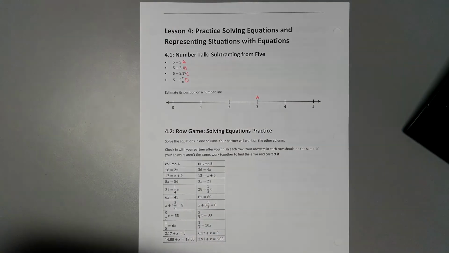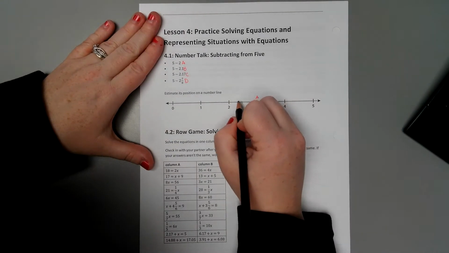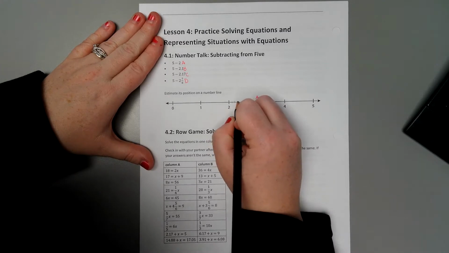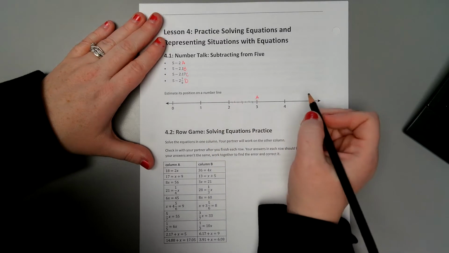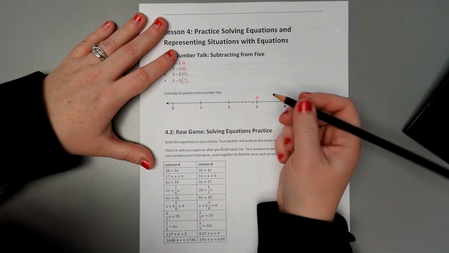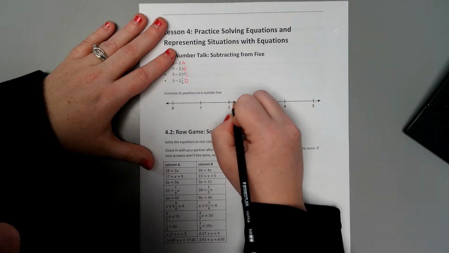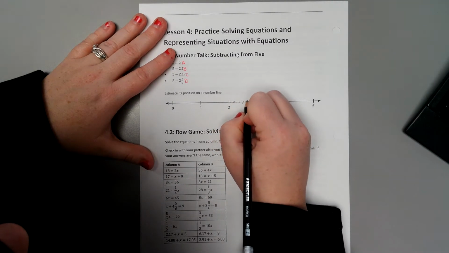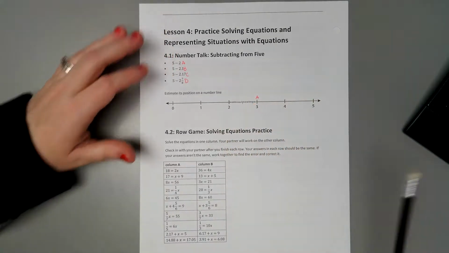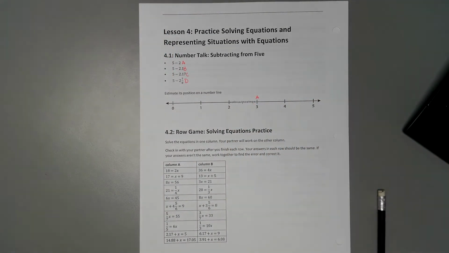Not 100% sure. I'm going to just do a little bit of, so here's half, here's quarter, here's eighths. These even smaller ones are sixteenths. Okay.